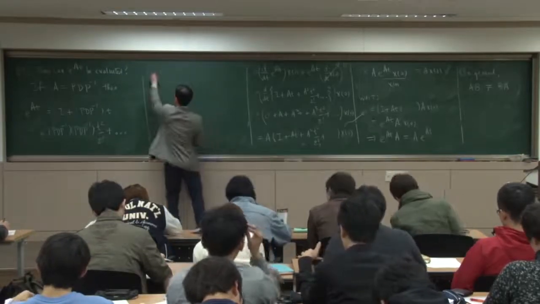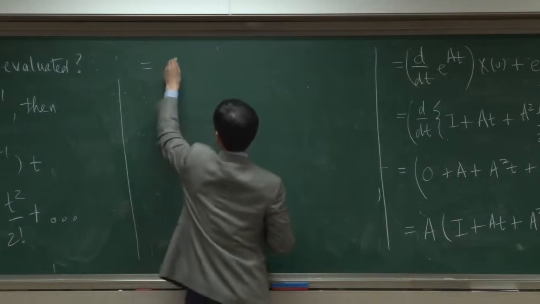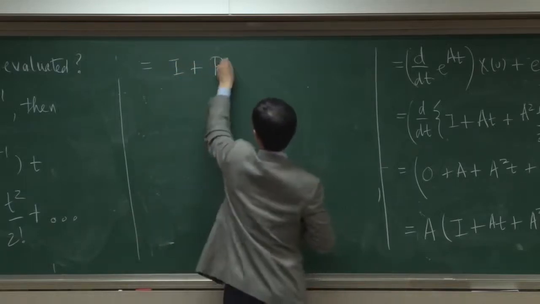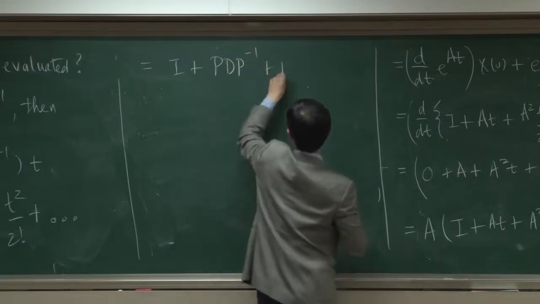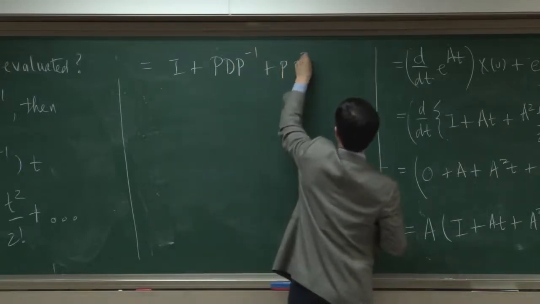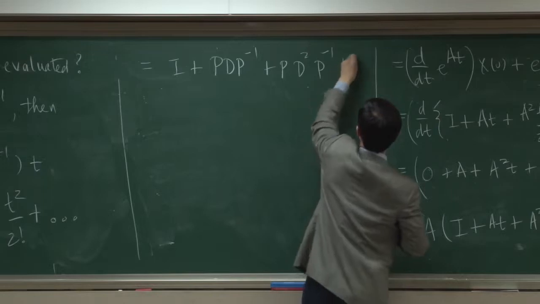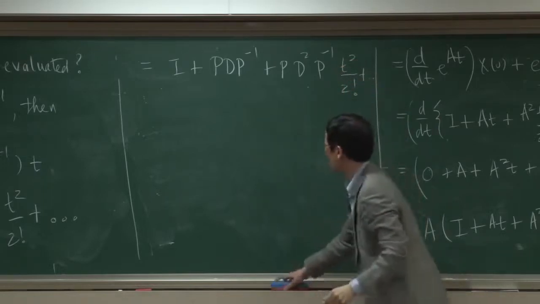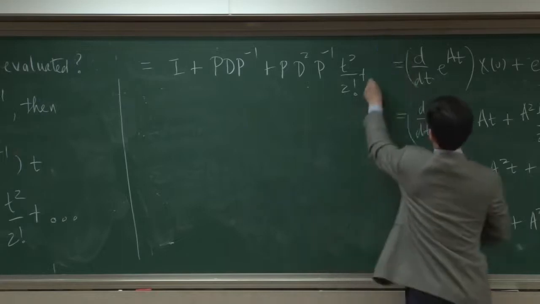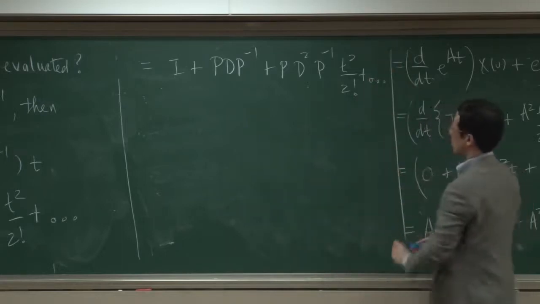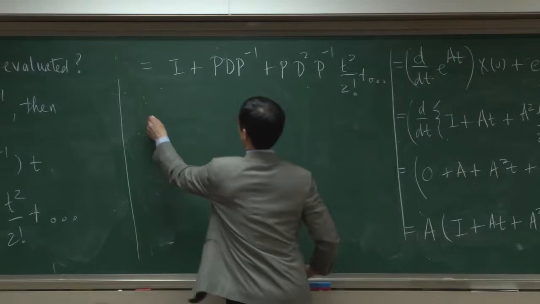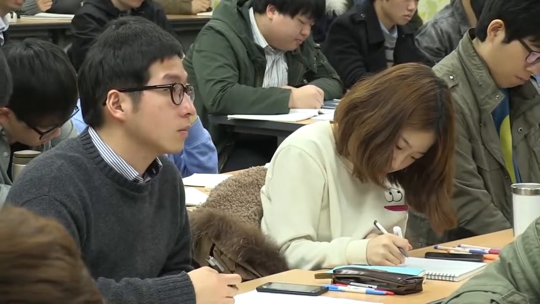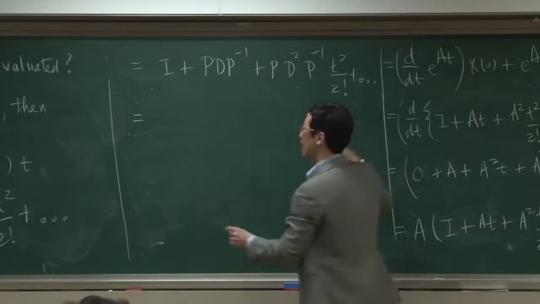So this becomes I plus PDP inverse T plus P times D squared P inverse T squared over 2 factorial plus dot dot dot. Now I can pull out a P to the front and a P inverse to the back.